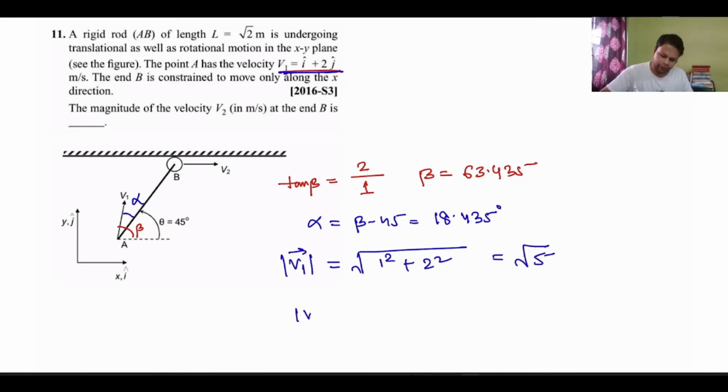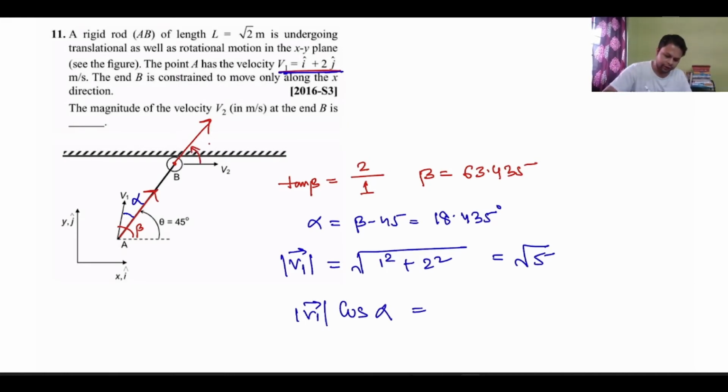So magnitude of V1 cos of alpha, that is the component of V1 along the vector AB, should be equal to the component of V2 along the vector AB.